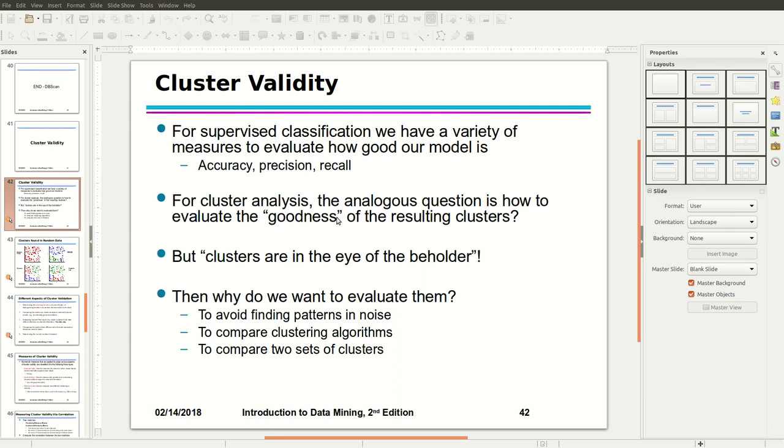We can compare the values of an index that results from random data or clusterings to those of a clustering result. Basically, you have random data and you get some index, and you compare your number with that random data clustering and tell that okay, this is maybe significantly different from random and maybe a valid cluster.